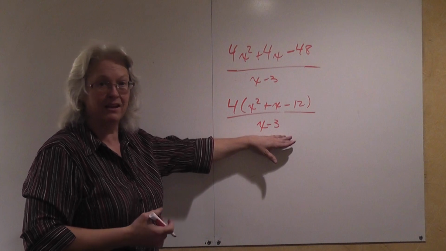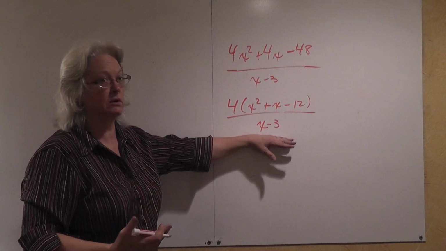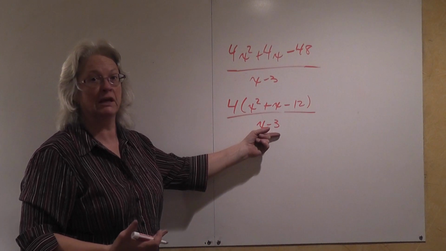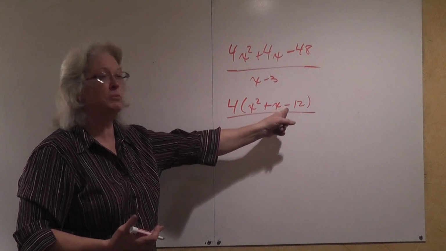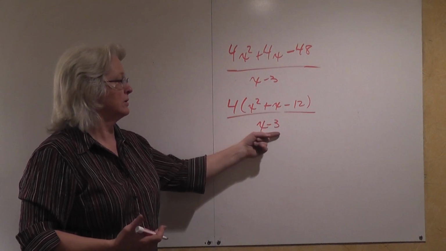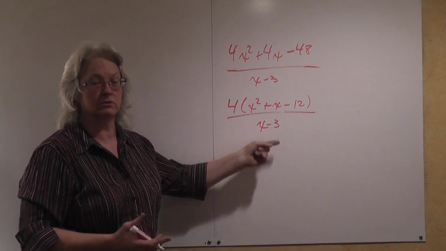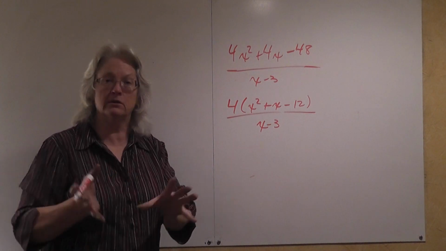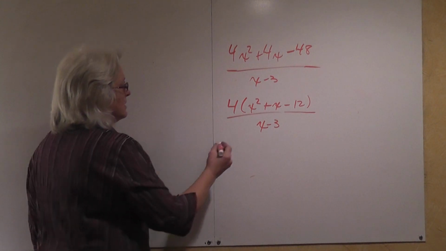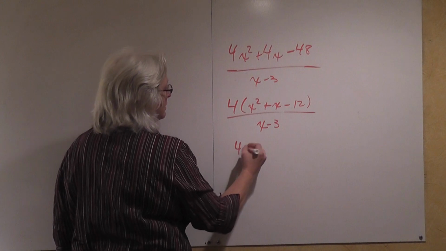And just as a hint, in Algebra 1, usually if you've got a binomial in your denominator, your numerator is going to factor so that that will at least cancel. It doesn't always happen, but that's a good hint to push you in the right direction. And sure enough, that's what we have going on here.